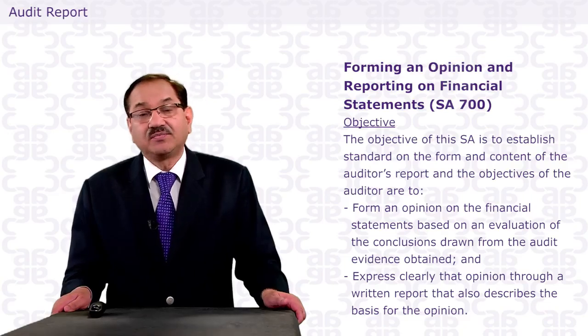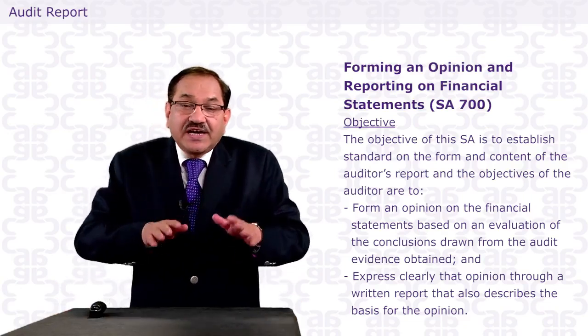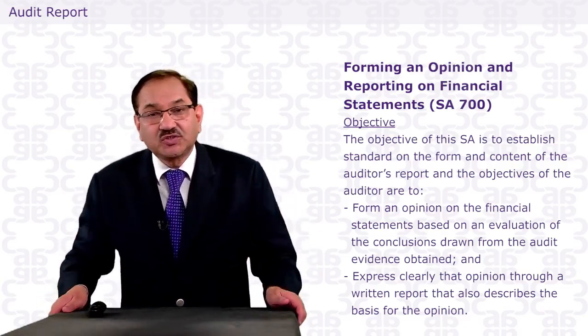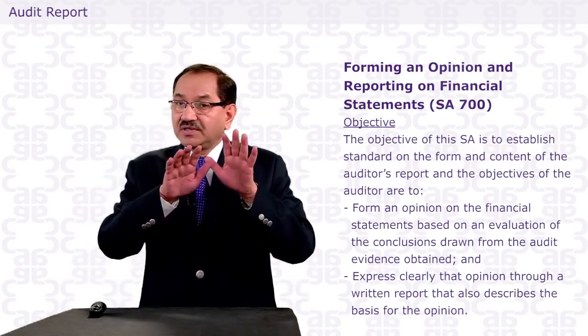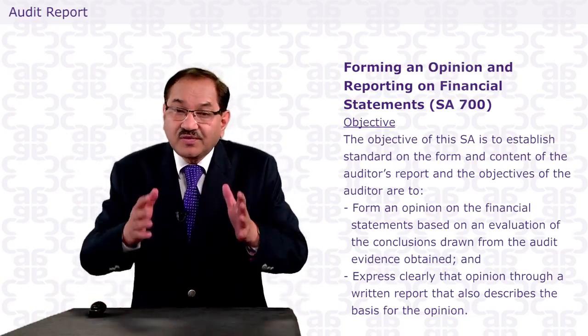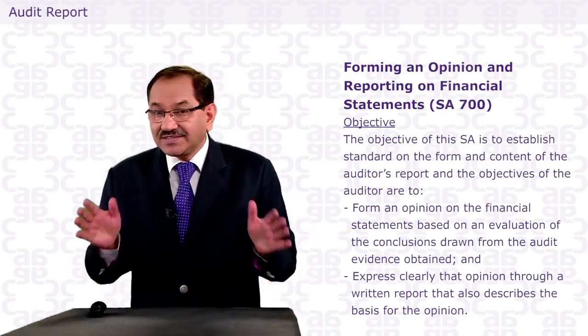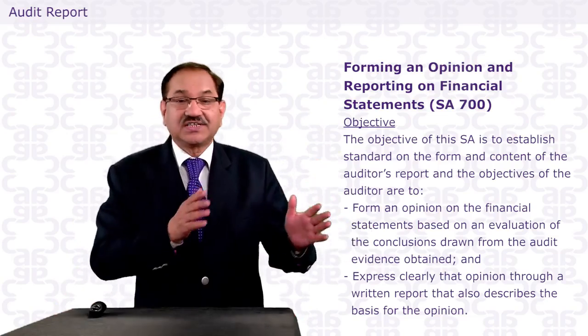The form and contents of the audit report also explain how he arrived at the conclusion that this shows a true and fair view. If the auditor explains that process also, that will give more confidence to the reader and user of the audit report that yes, he has performed certain procedures.